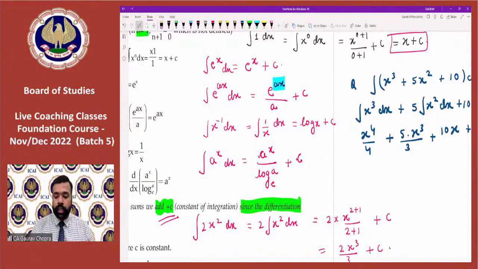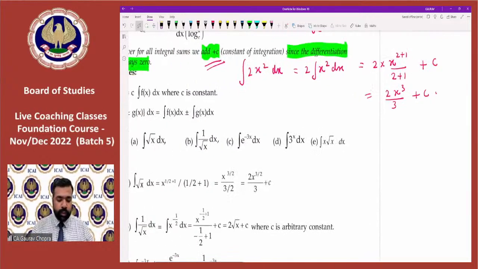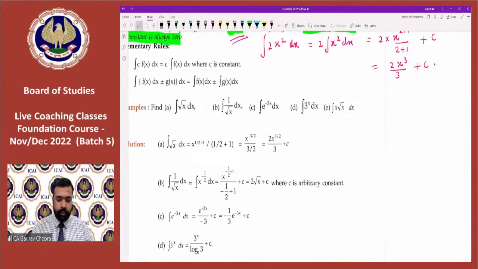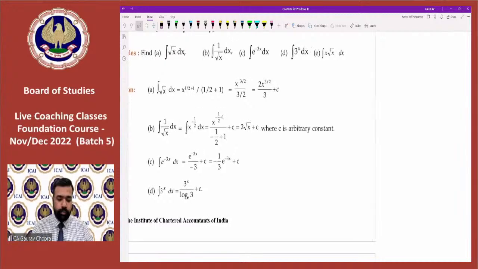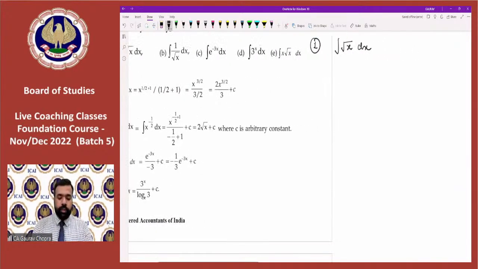All right. So this was the basic question. Now let us try some more questions from the study material. Now integration of root of x. Let us try the first one. Integrating root of x dx. This is the question.